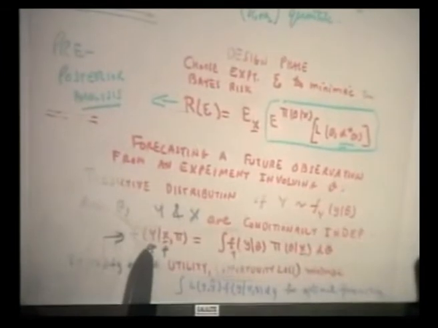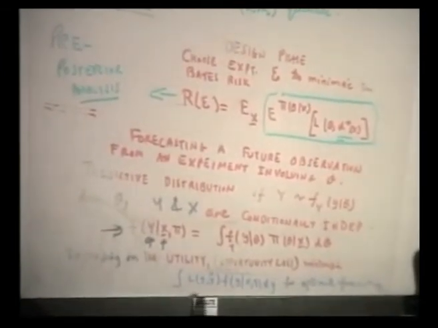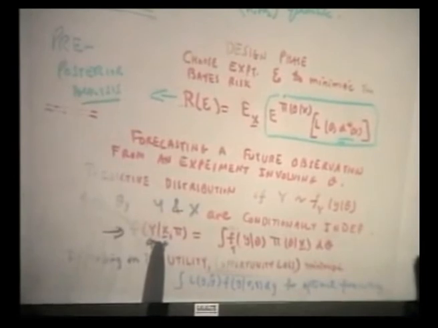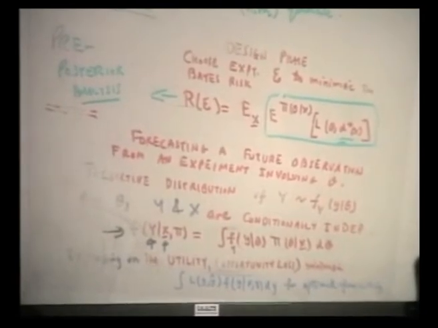Therefore you get the predictive distribution of Y given X. If you have a loss function, you want to minimize it, using Y hat as a forecast for the future observation Y. This quantity is your current state of knowledge about Y, because you integrated theta out, and you minimize the loss function to get the optimal forecast.